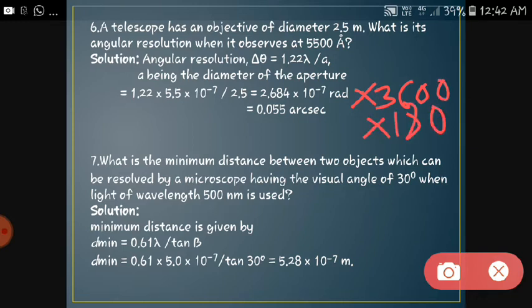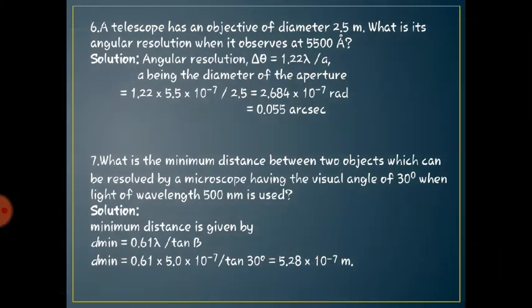By multiplying this, the value will be converted into arcsec. The value for pi is nothing but 3.14. So you are getting this value, 0.055 arcsec. Okay.